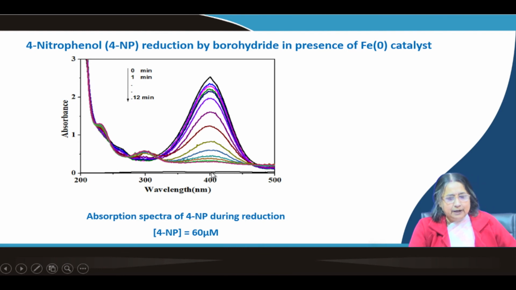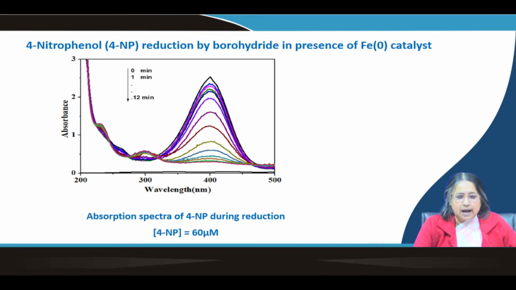Now, you see here nitrophenolate is reduced to aminophenolate. Aminophenolate has no such absorption at 400 nanometers, its absorption occurs elsewhere. We are not very much interested in that position, we are interested in this peak. How with time this peak is going down is important for our kinetic analysis.